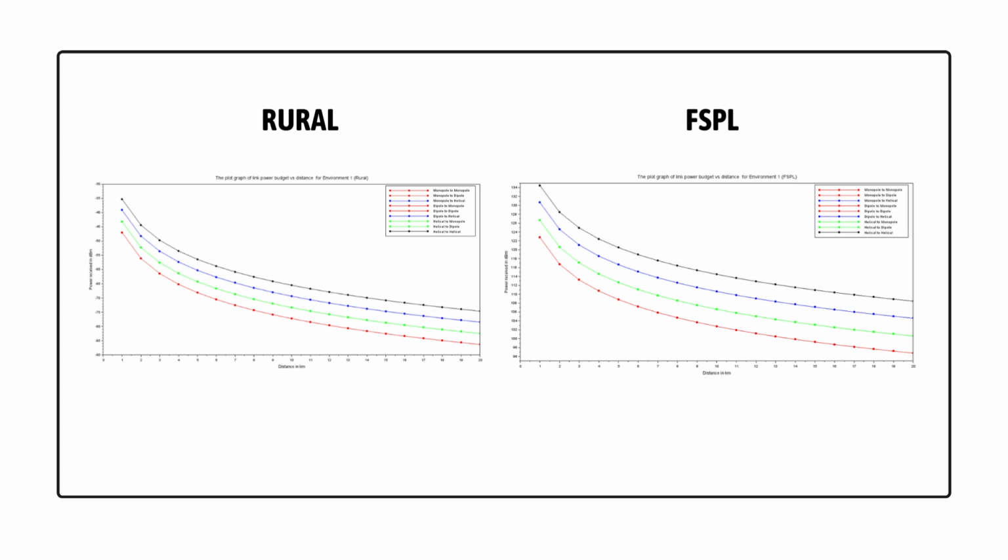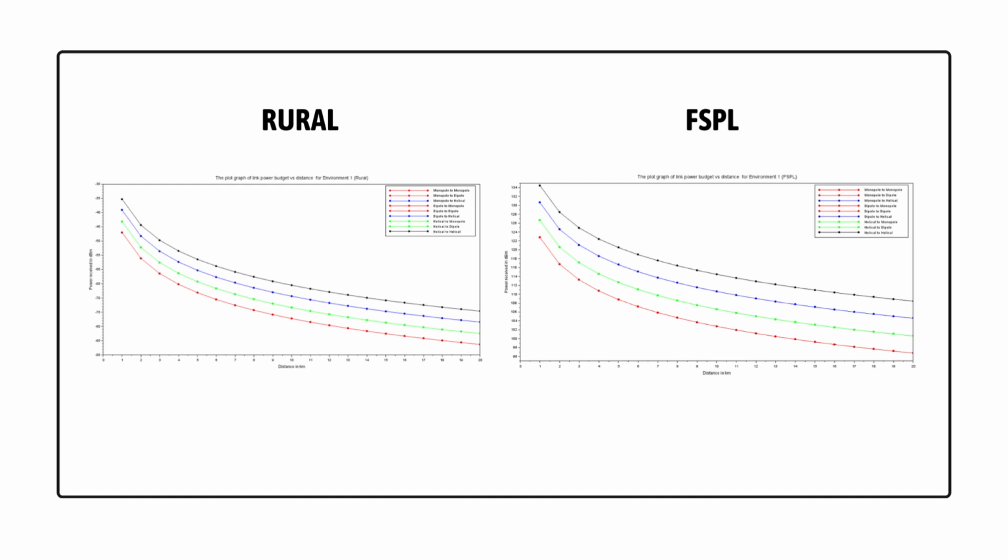The last one is rural versus FSPL. In rural areas, the absence of tall buildings and dense obstacles results in lower path loss compared to both urban and suburban environments.